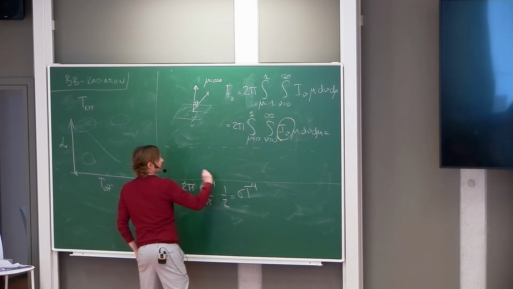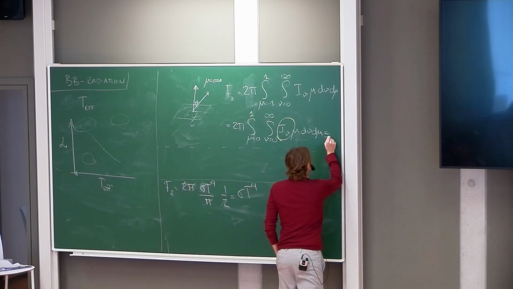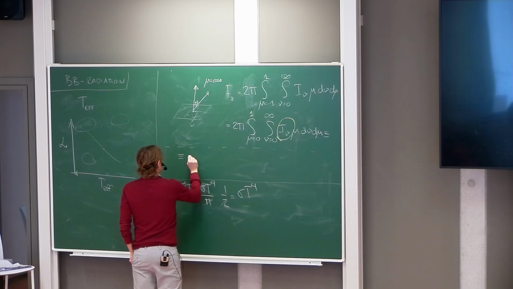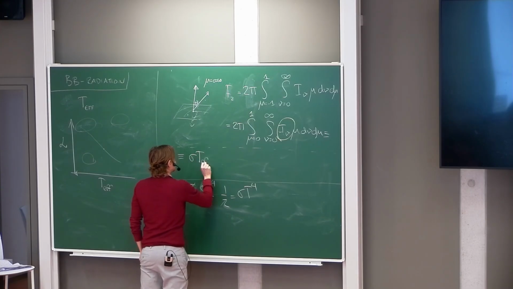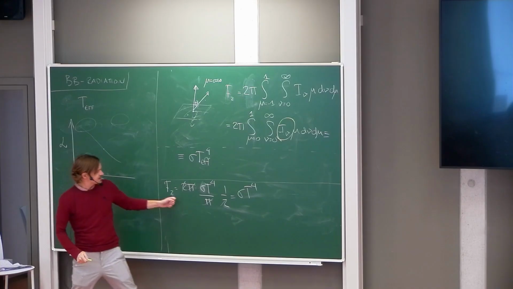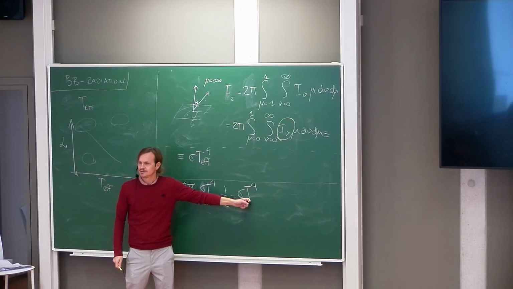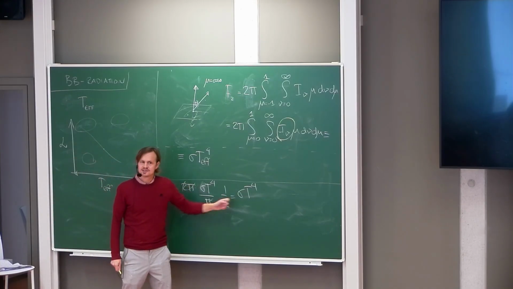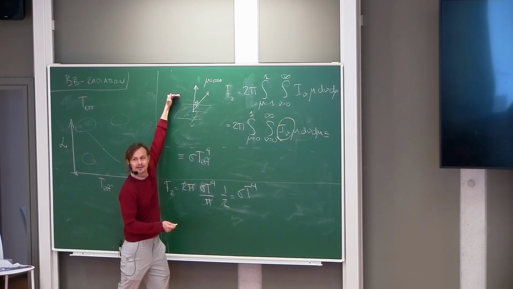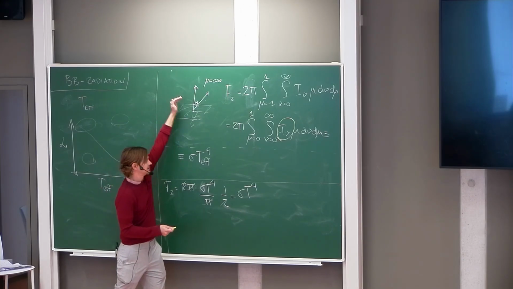So a convenient way to say this instead is that we're going to define this as sigma Teff to the 4, which uses this relation which was derived for if it were a black body, emitting only the positive, yeah?